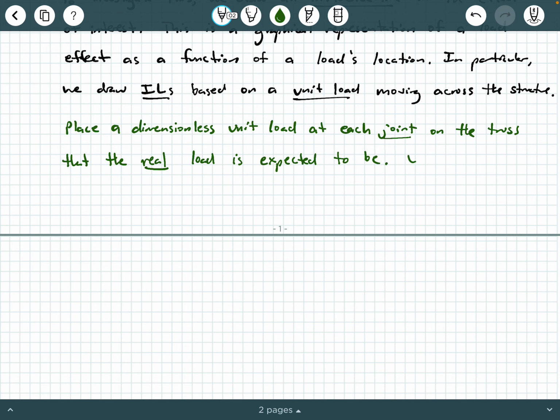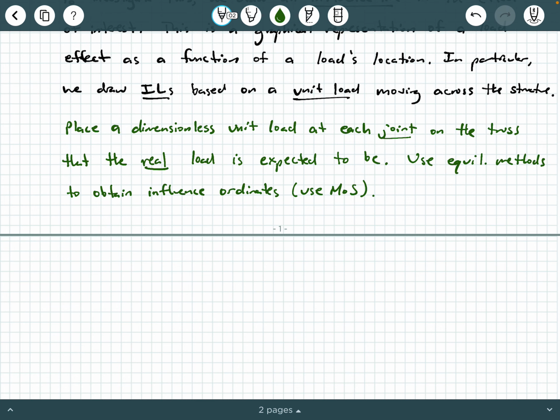Then what we do is we use equilibrium methods to obtain the influence ordinates. Now, what do we mean by equilibrium methods? Well, the equilibrium methods when we talk about trusses could be either method of joints or method of sections. In this case, we're going to use method of sections, okay, when we actually do examples of this, okay?